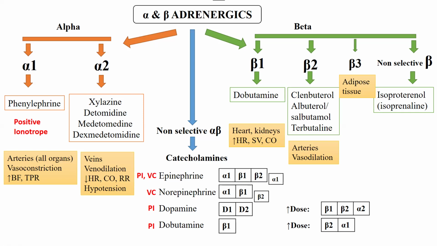We will see their detail when we specifically study the drugs of the cardiac system. But right now, because we are also seeing these drugs that act on the heart and blood vessels, it's important to know, for remembrance, which ones are positive inotropes and which ones are vasoconstrictors.